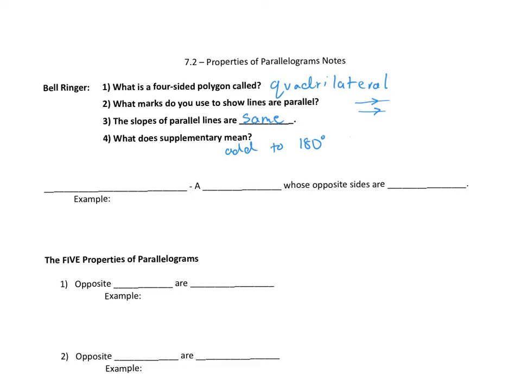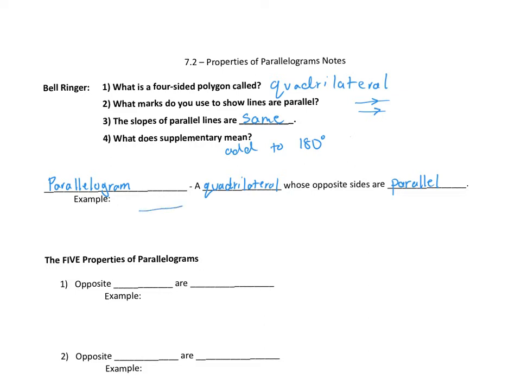Okay. Next one, a parallelogram is a quadrilateral whose opposite sides are parallel, given the word. That means either pair of opposite sides will be parallel.